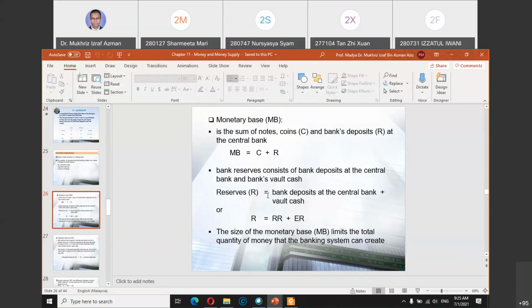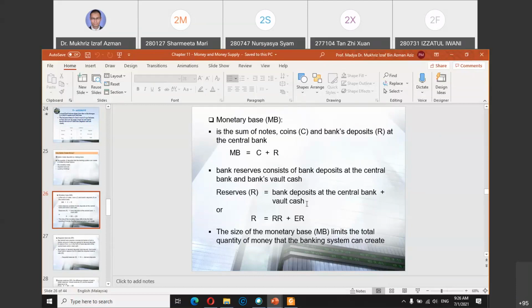Reserve is bank deposit at central bank plus vault cash, or R equals RR plus ER. Vault cash means, if you watch any Hollywood movie, every bank has a peti besi, or vault. The money that they keep in a secure room.